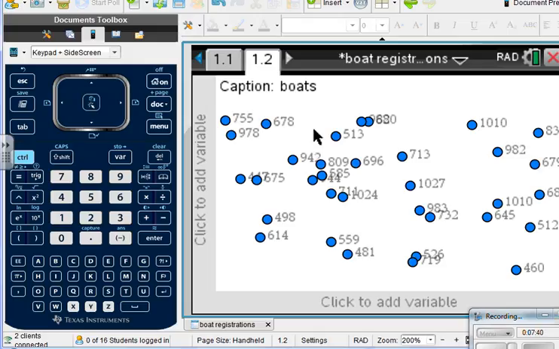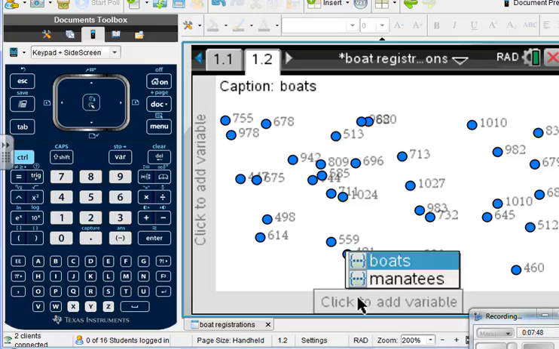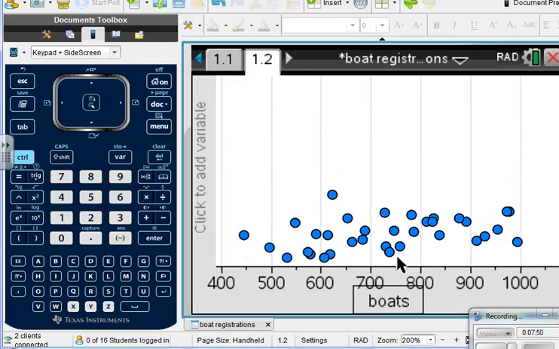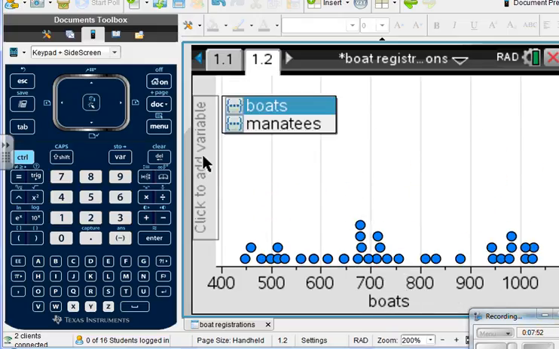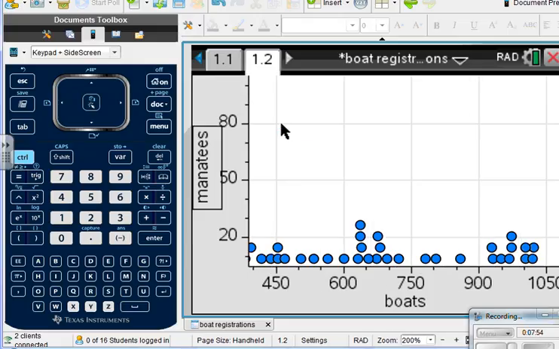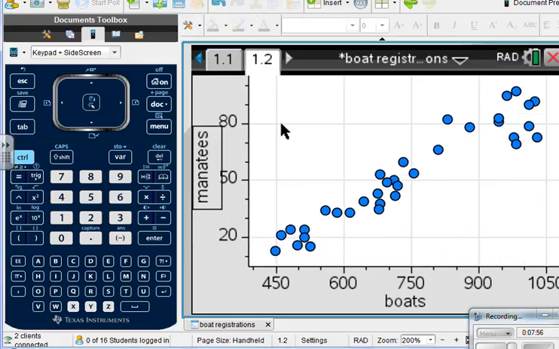In case you're not aware, boats kill manatees. The little boat propellers chop the manatees and it kills them. So we're going to say that the number of boat registrations explains the number of manatees that are killed by boats. So the manatees is going to go on the Y and boat registrations is going to go on the X.